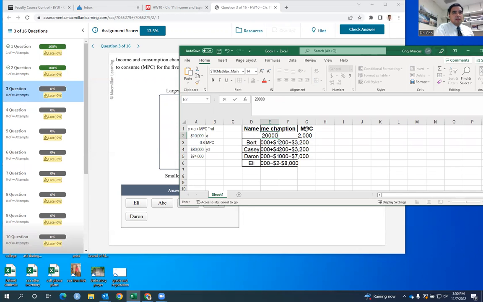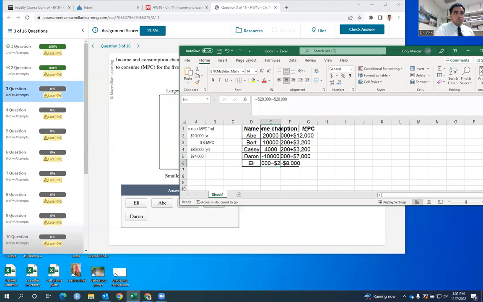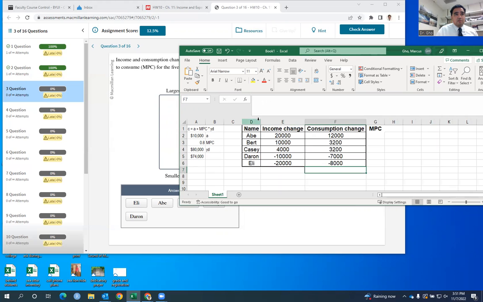This should be 20,000. $3,200, -7. The marginal propensity to consume is the change in consumption divided by the change of income. So I'll just write a formula, that divided by that. And so Abe's MPC is 0.6.